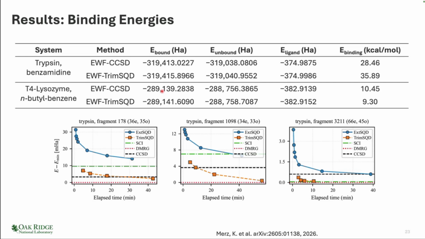The CCSD method, is that less accurate than the quantum one? Is it the case that the work here is demonstrating something that's more accurate than any known classical technique for this problem? So it's not better than any known classical technique.